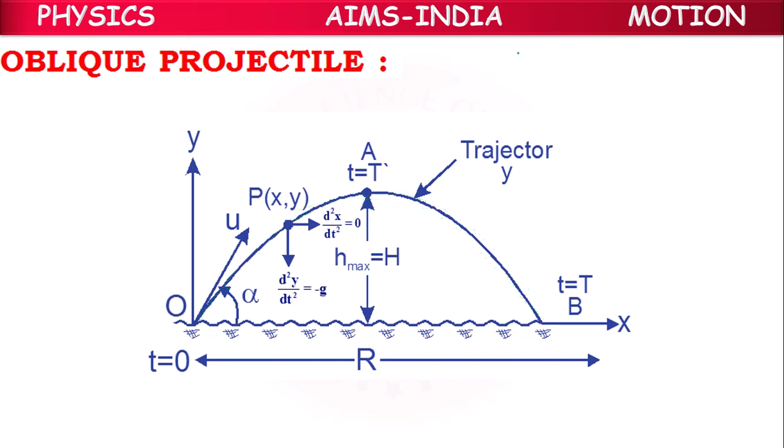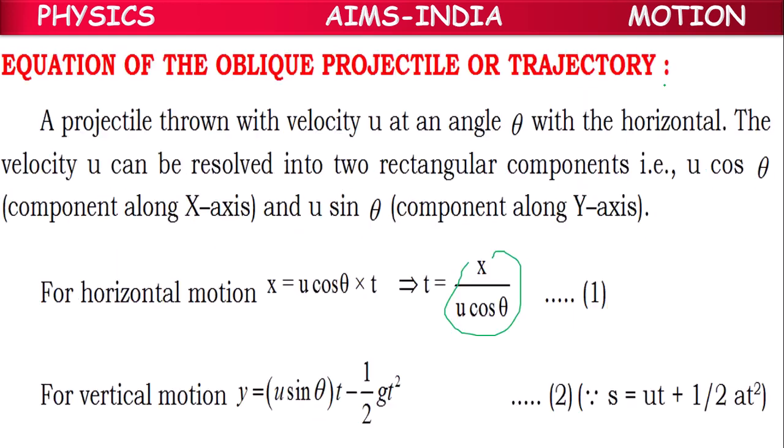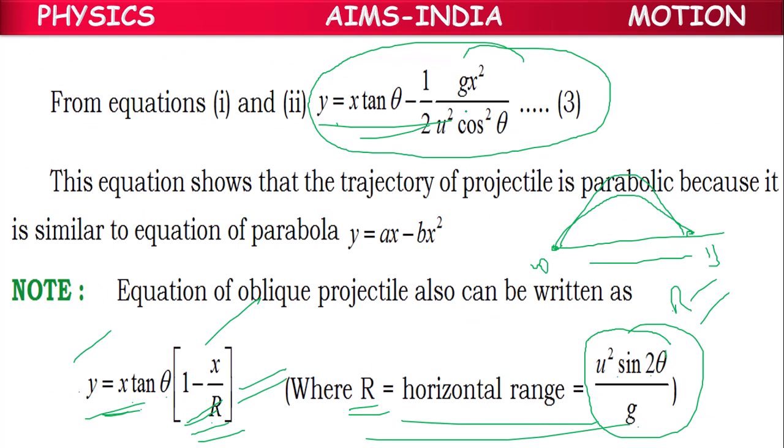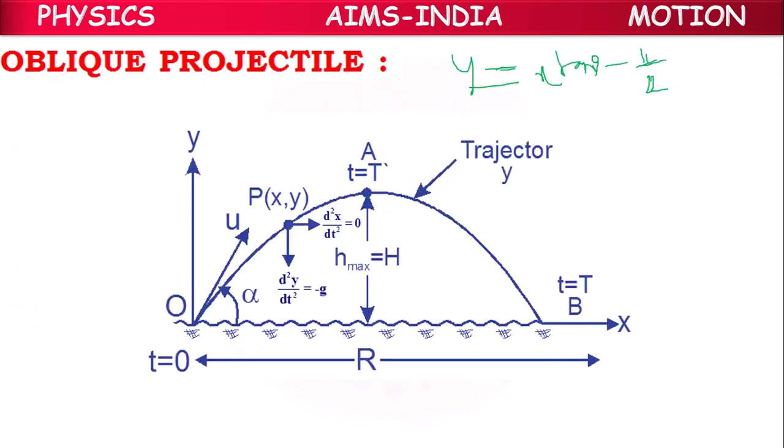One is y equal to x tan theta minus half g x square by u square cos square theta. This is the equation of trajectory.